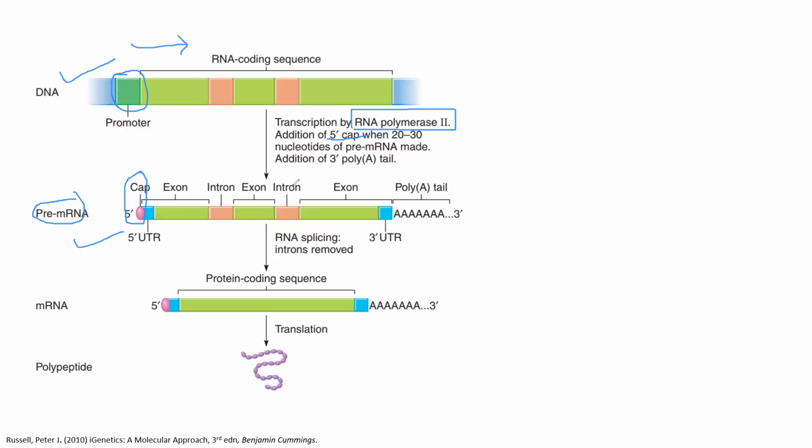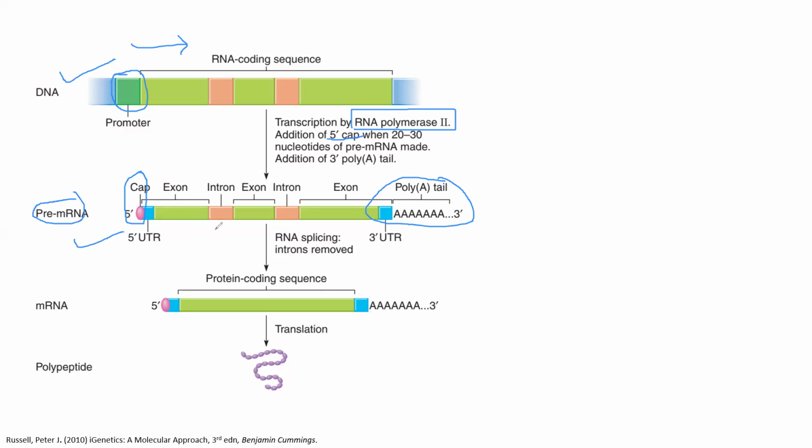There is also addition of a poly A tail at the 3' end, for which there is no DNA template. So this cap and tail addition is one half of the processing which we have seen in the previous lecture. In this premature messenger RNA, the cap and tail have been added.